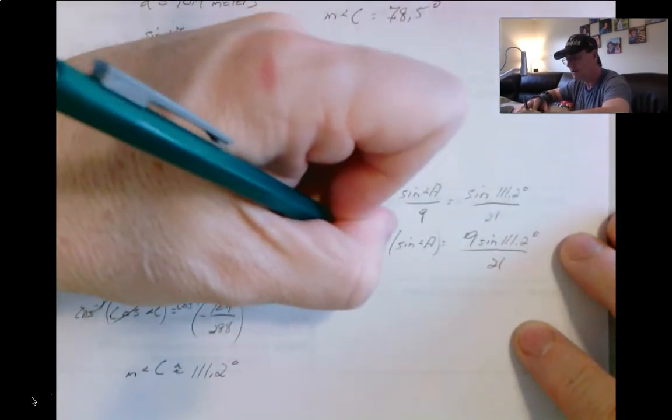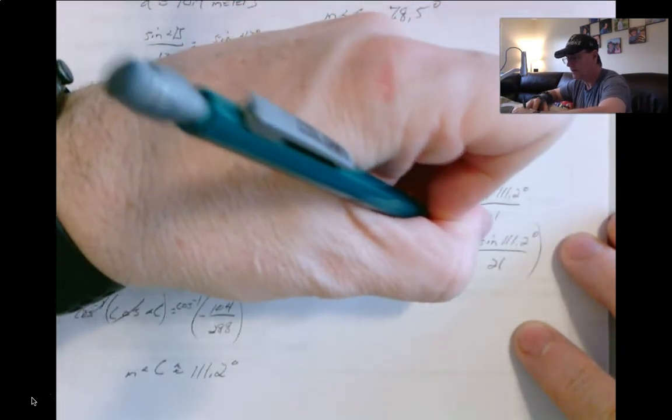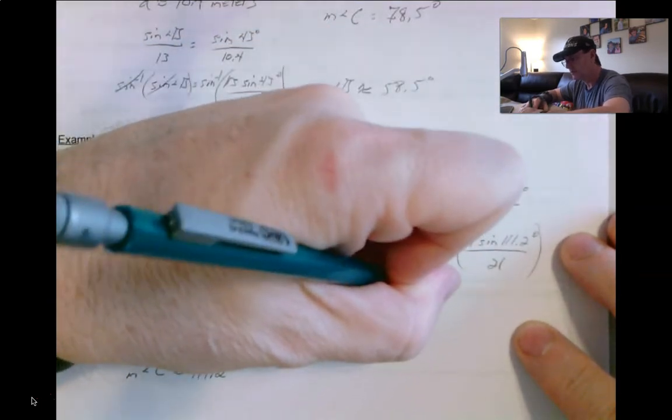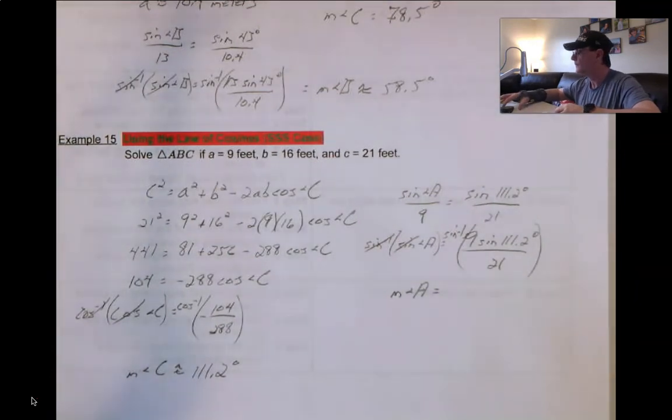Inverse sine of both sides. Cancel, cancel. Measure of angle A equals, now we go to our calculators. 9 times sine of 111.2 divided by 21. I got 0.399567, and so on.